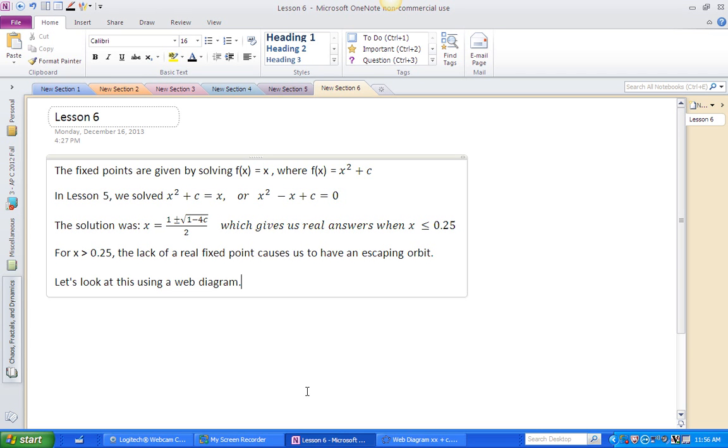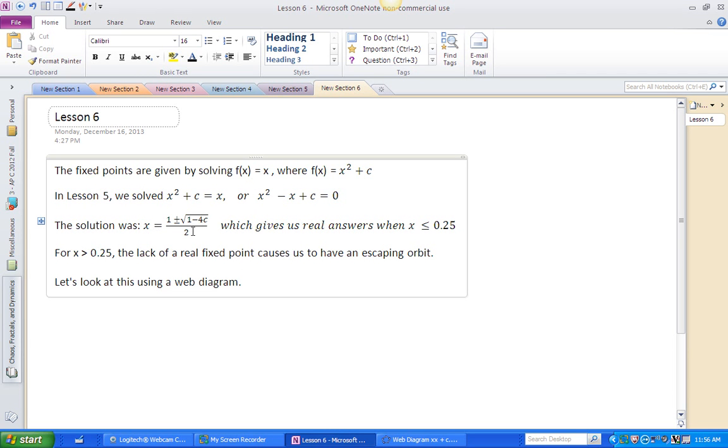Here's a little summary right up here. We found the fixed points by solving f(x) = x, which would keep it fixed, because f(x) = x. Of course, f(x) is always x squared plus c, so that meant we had to solve a quadratic equation.